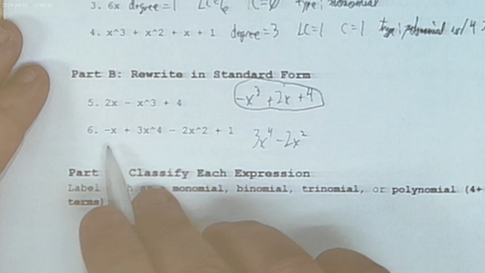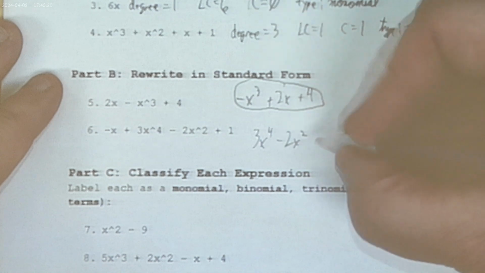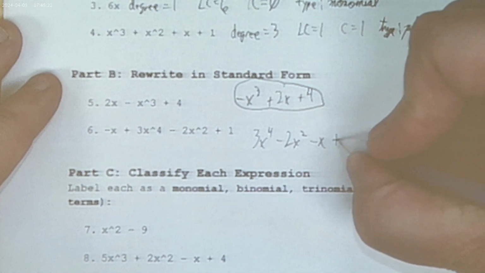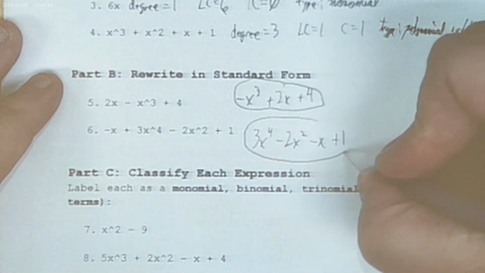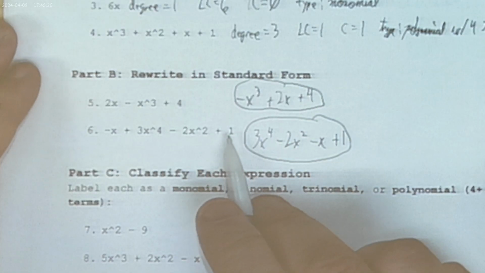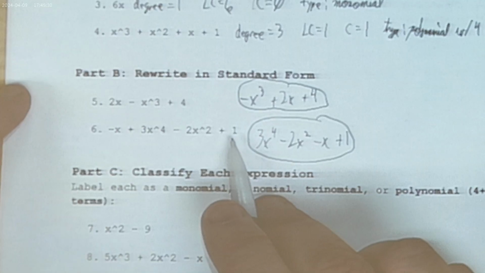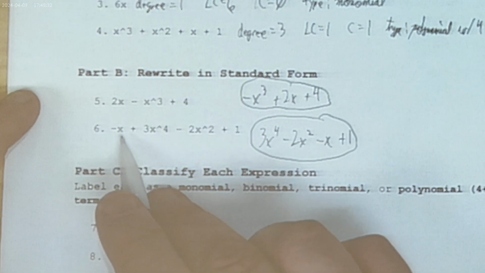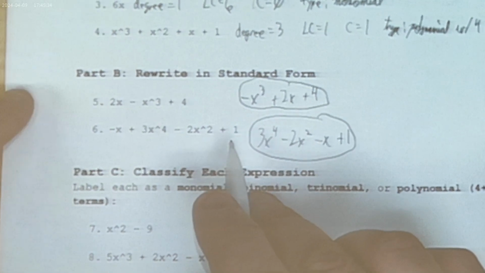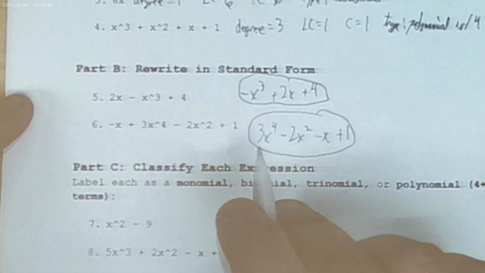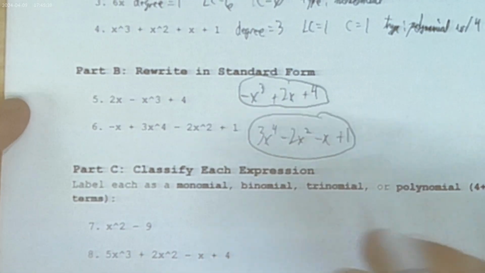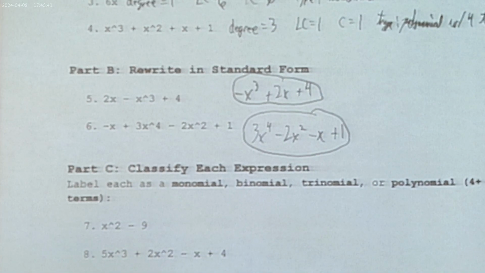The third one is going to be minus x, and then of course the constant is always going to be on the right. Even if there's any doubt about it, if you have to choose between minus x or plus 1, the constant is always on the right. It is always going to be at the very end of your polynomial if you're writing it in standard form.